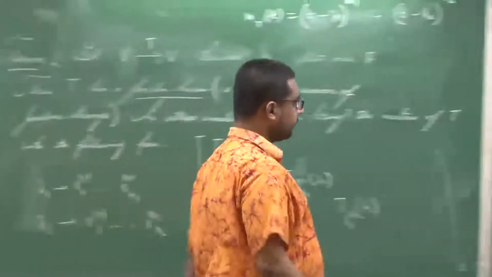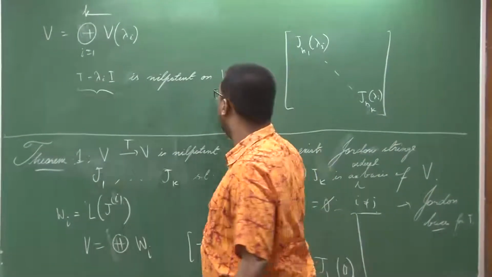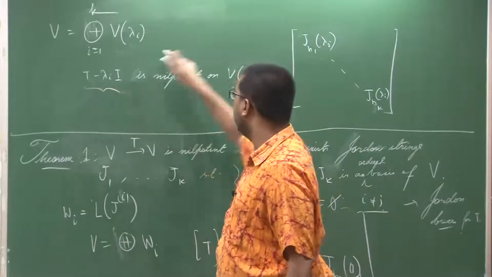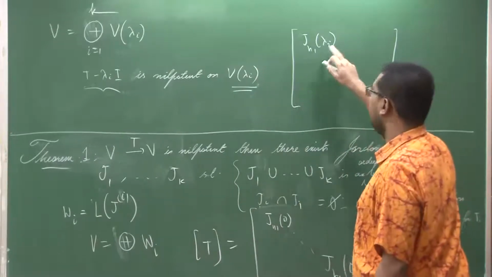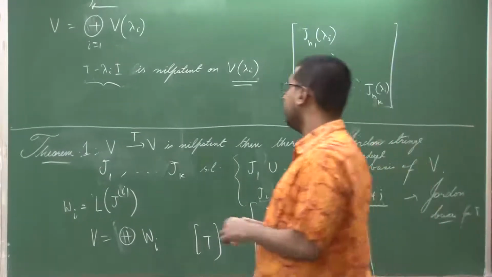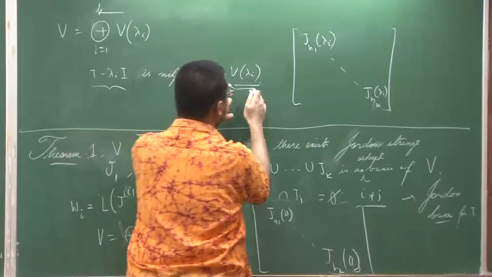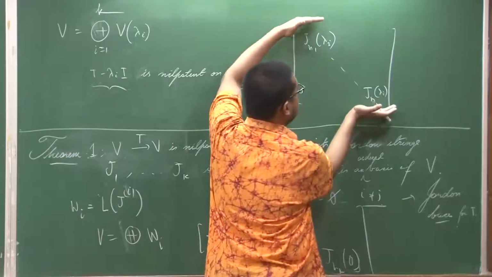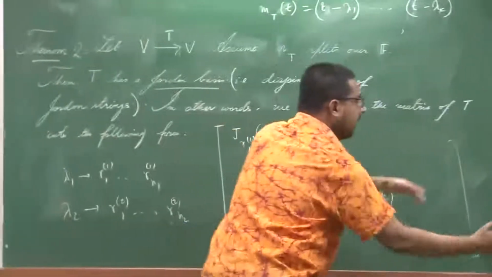Anyway, once I have a Jordan basis for T minus lambda I restricted to here, this gives me a Jordan basis of T restricted to V lambda I corresponding to the eigenvalue lambda. Thus, we get that the matrix of T on V lambda I can be brought into this form, and then for each lambda I have a matrix like this, and finally we need to put them along the diagonal.